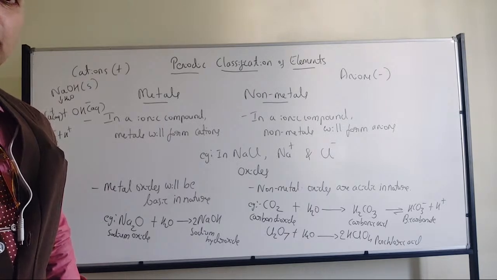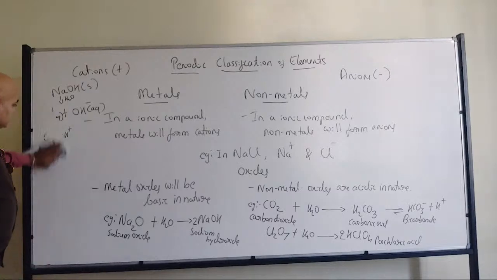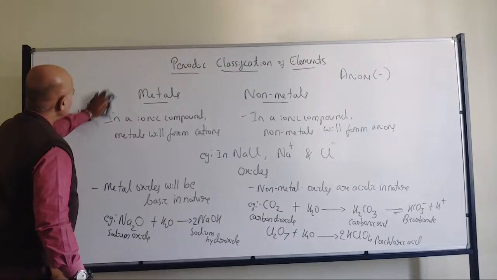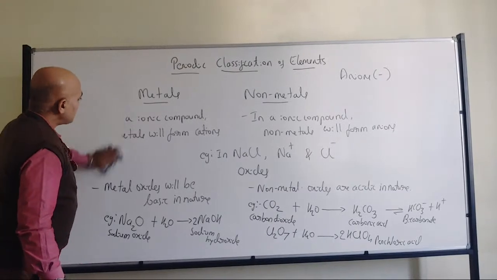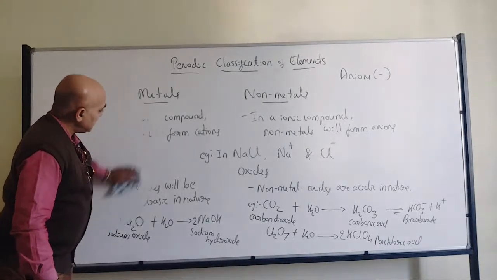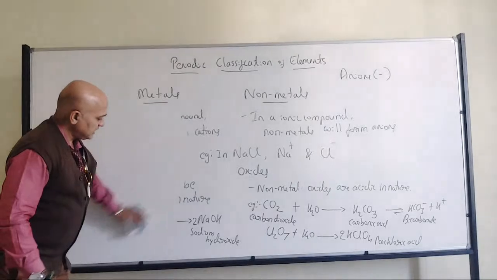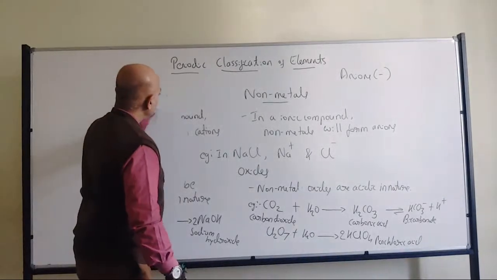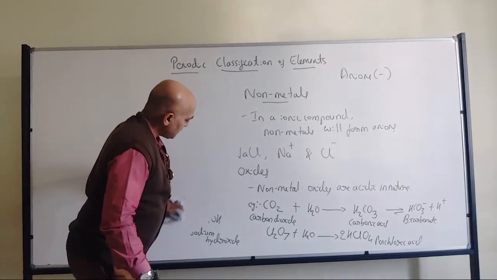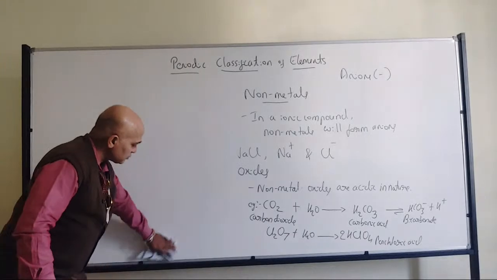Any other doubts? So please remember, metal oxides will be basic in nature and non-metal oxides will be acidic in nature. Why are metal oxides considered basic oxides? Because they form bases in their solution. Why are non-metal oxides called acidic oxides? Because they form acids in their solution.